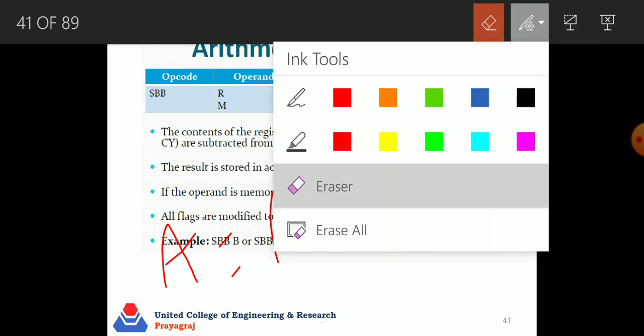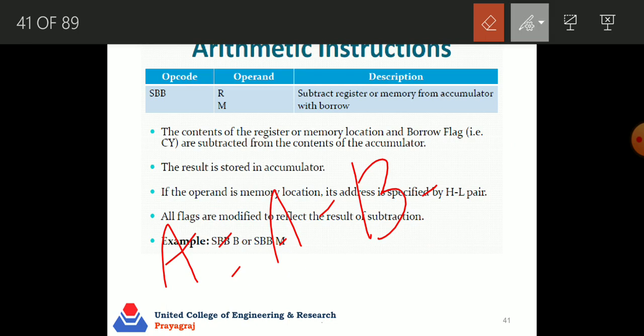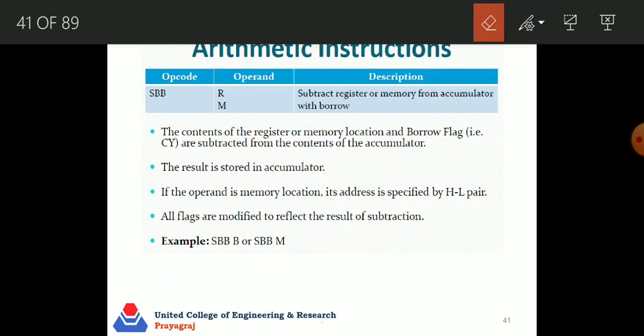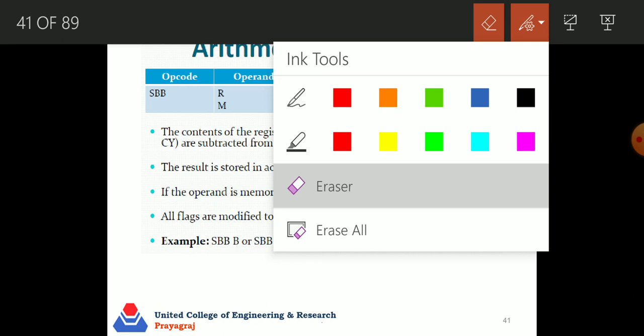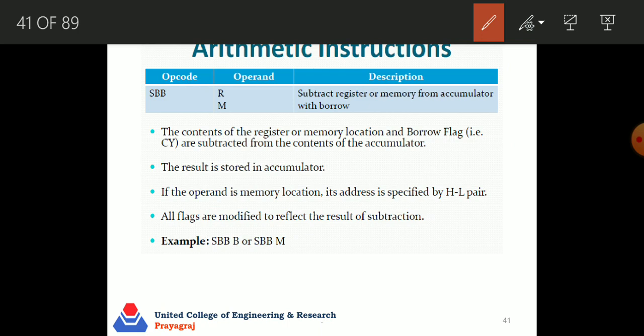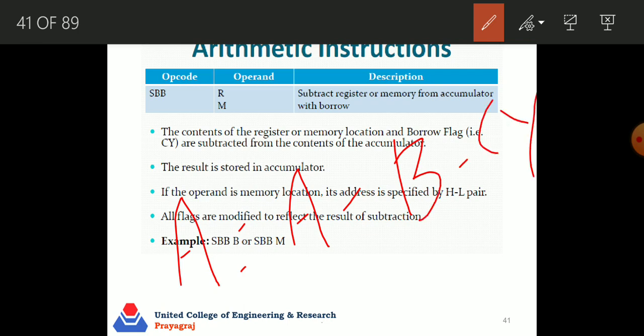It is A is equal to A minus B minus CY. It depends upon the carry flag. The meaning of subtraction, A is equal to A minus B, if borrow is also represented by the carry. So if there is a carry, then A is equal to A minus B minus CY.